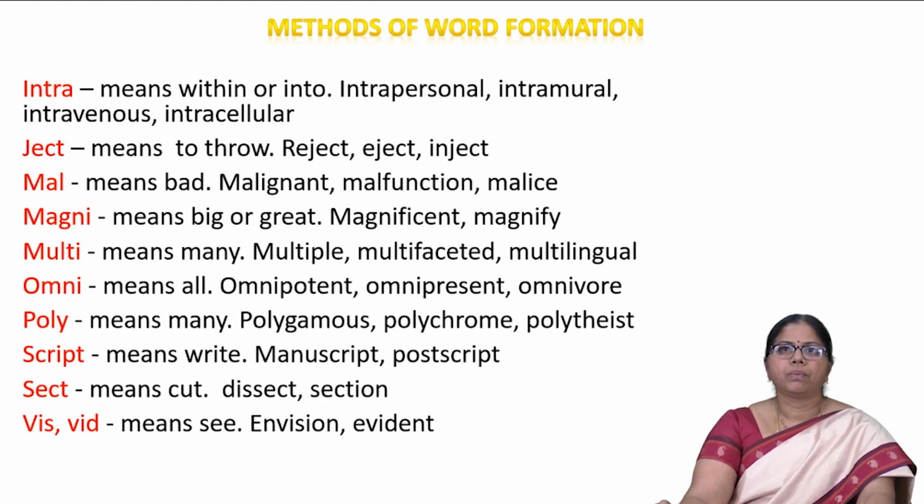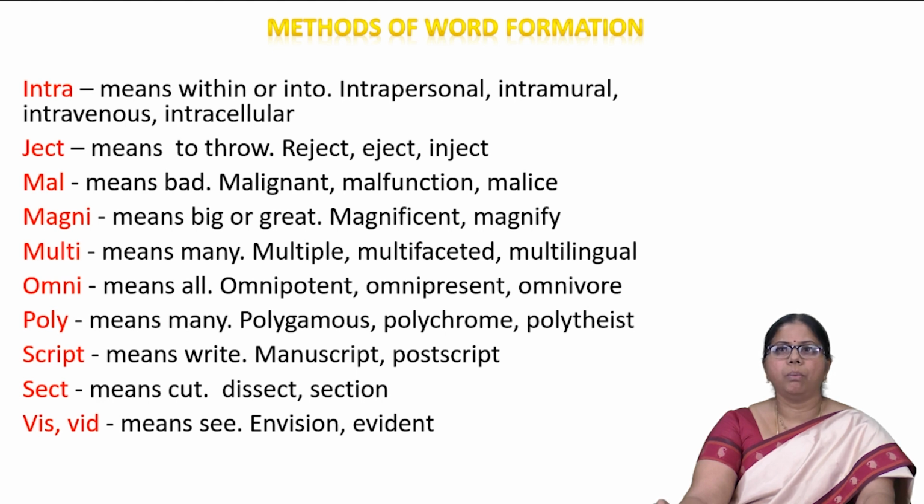Next, mal means bad. So we got malignant, malfunction, malice. All these are words which we have generated from the root word mal. Magni means big, great: magnificent, magnifying. Multi means many: multiple, multifaceted, multilingual.